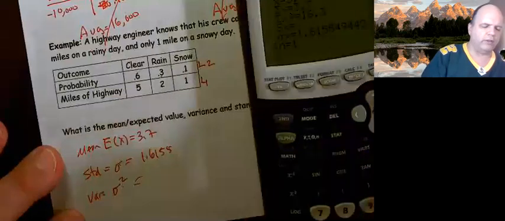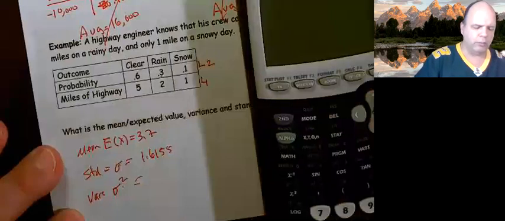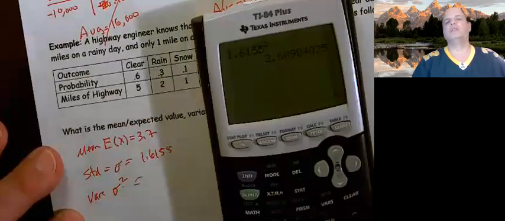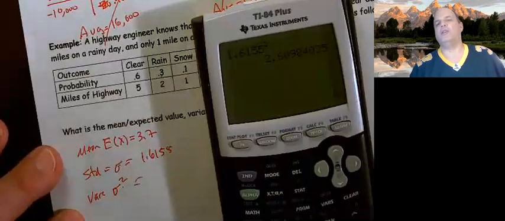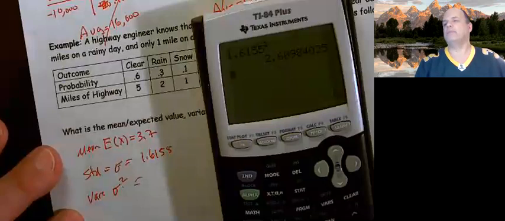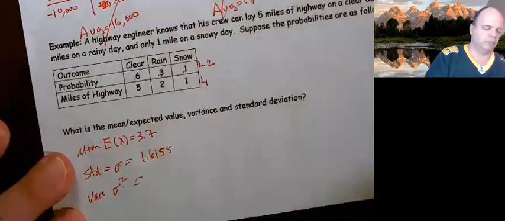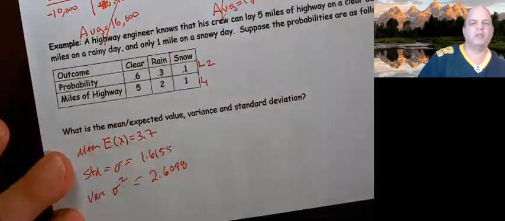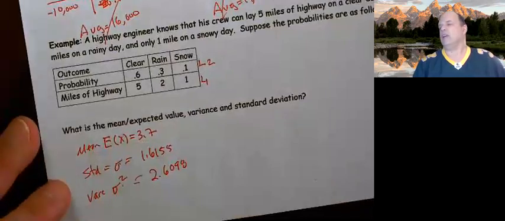So 1.6155 squared. And we get 2.609. All right. And that will take care of expected values.